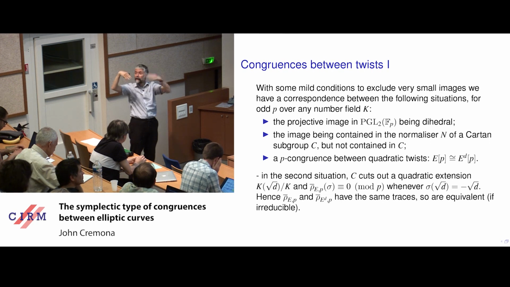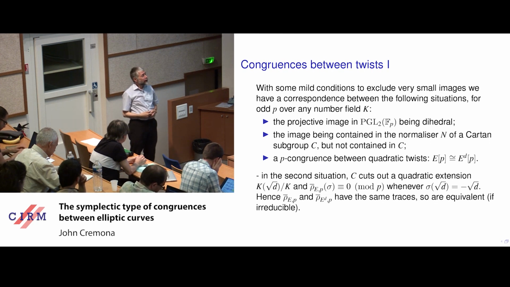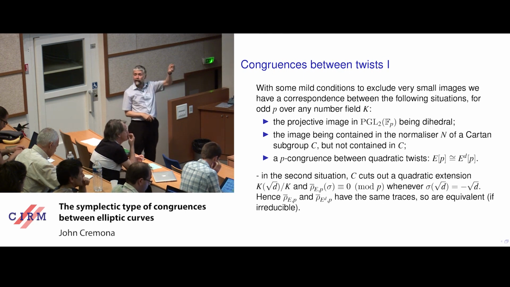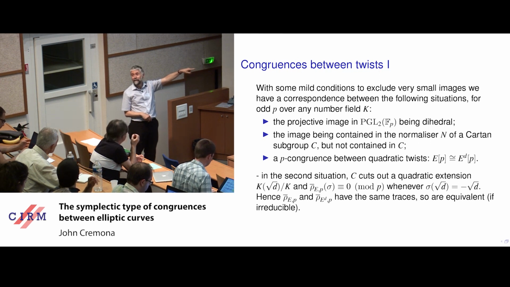So here it's 0 mod P because it's a mod P representation. Okay, so if you twist in the right way, doing a quadratic twist flips the sign of half the traces. So if you make the right quadratic twist, you're flipping the sign on all the traces that were 0 anyway, so you're not changing the traces. So as long as it's irreducible, you get the same representation. That's how that works, and a very similar argument gets you the other direction.